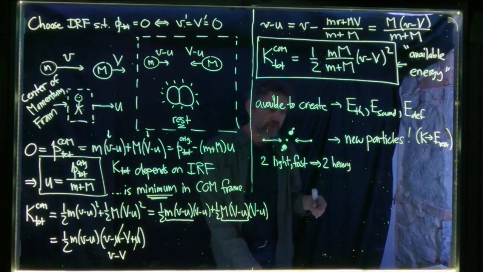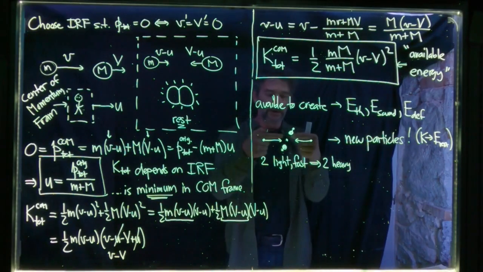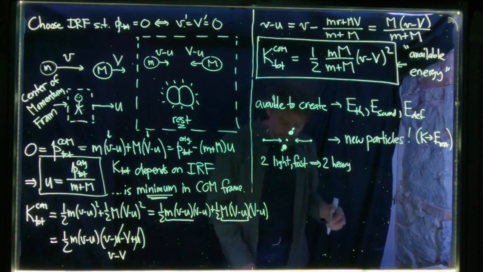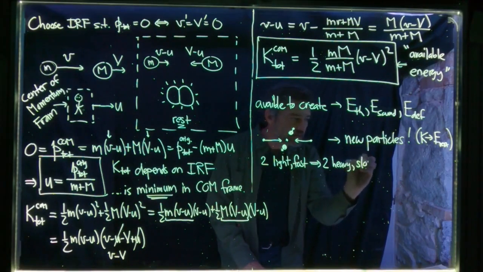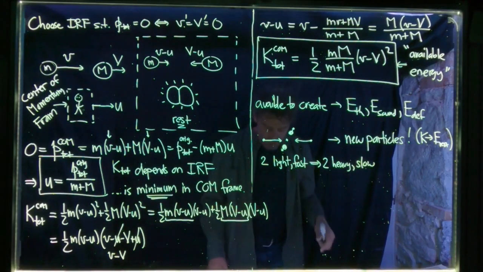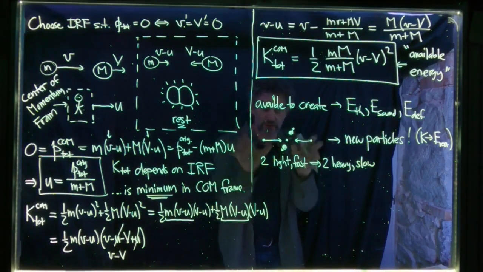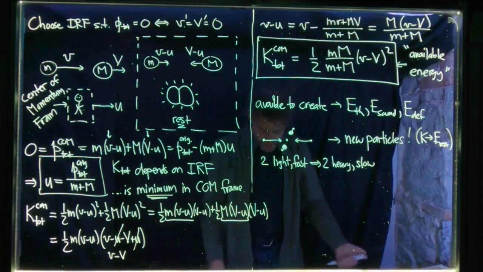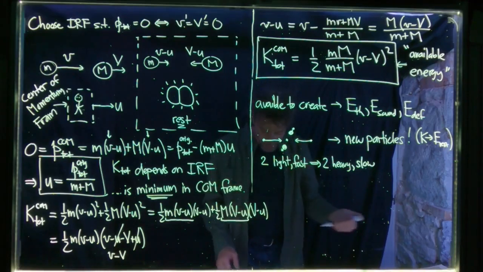We have to conserve momentum and of course energy, and then some of that kinetic energy can get converted into rest mass energy, and you can create heavier particles. So converted into two heavy slow particles, or two heavier particles at rest, such that the total kinetic energy in the final state is less than the total kinetic energy to begin with. So kinetic energy has decreased. Where has it gone? It's gone into increased rest mass energy present in the system.